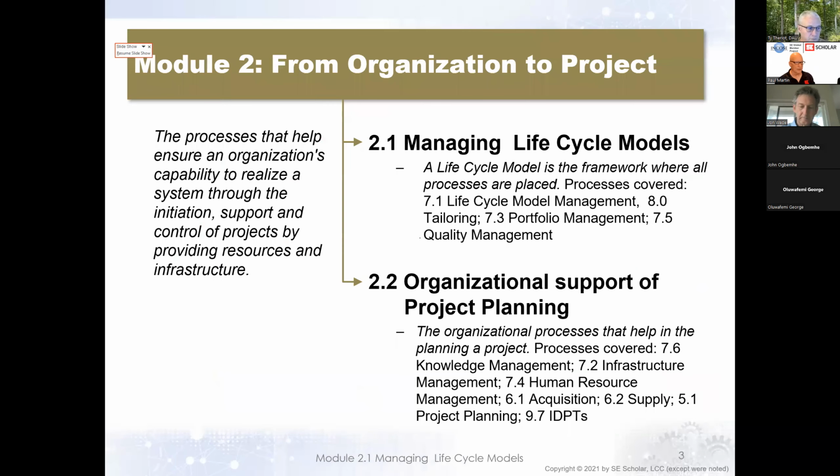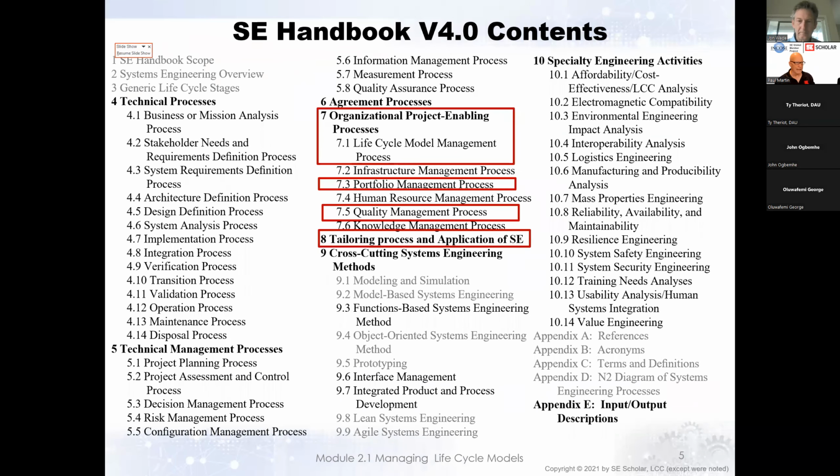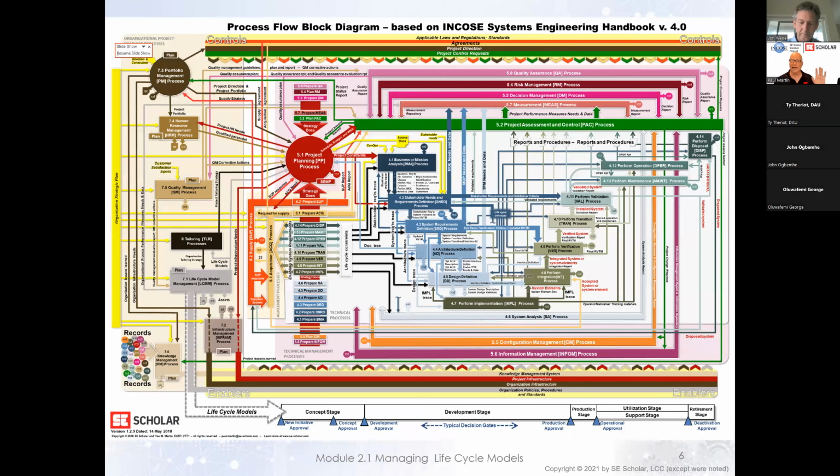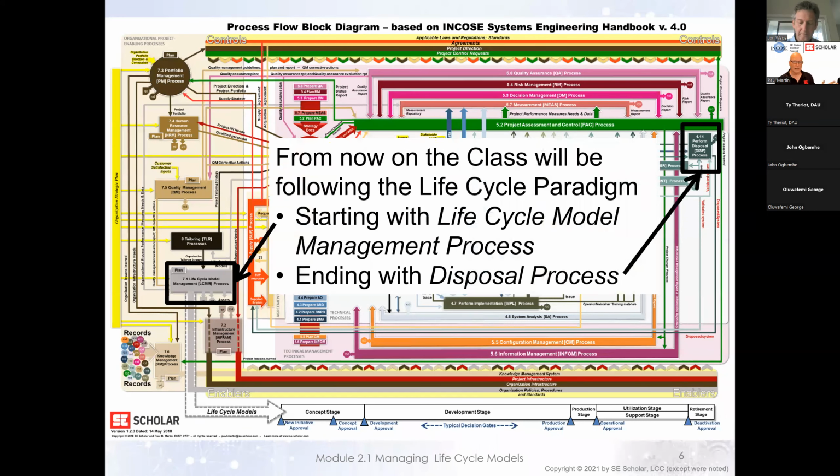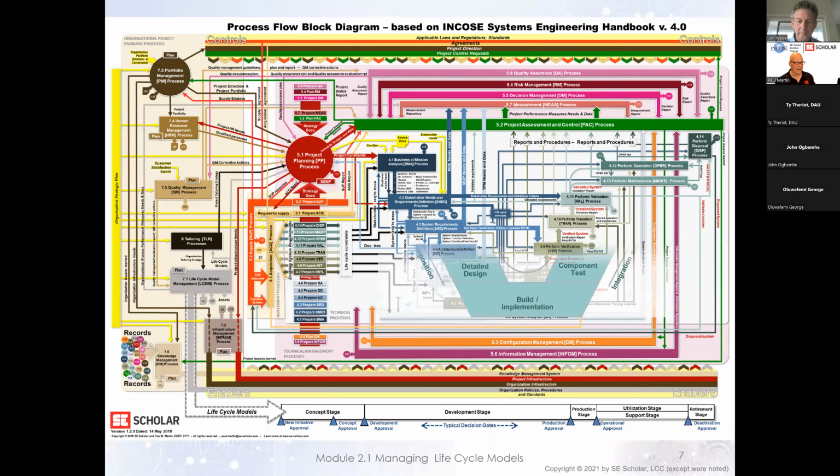One of the things I wanted to show you is how my chart interacts with that. You saw me do this, and I'll do this at the beginning of every module. Our class goes from life cycle model to there.